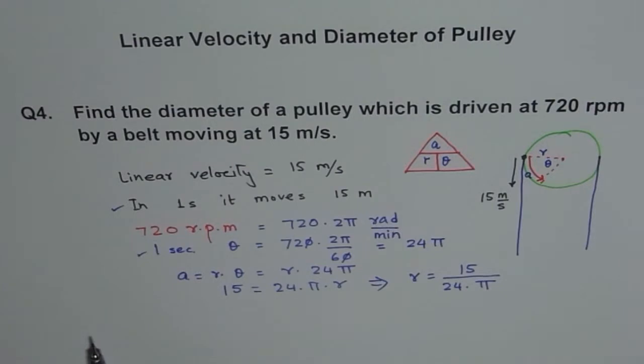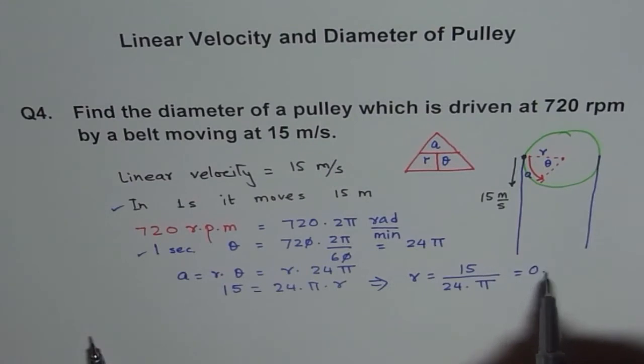That is what we get as our radius. And diameter will be twice this. So we can calculate this: 15 divided by 24, and then divided by pi, equals 0.198. Let me write 0.2, it is 0.1989, but we'll use 0.2.